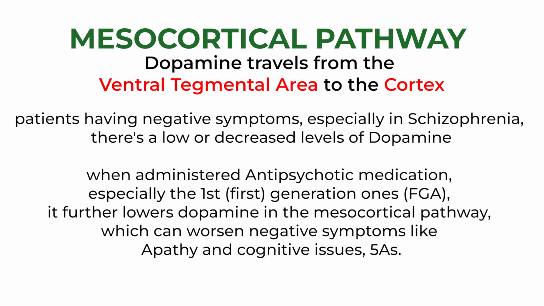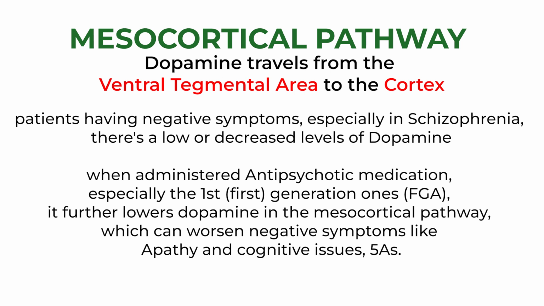So when we give antipsychotic medication to the patient, by the time it gets to the mesocortical pathway, the aim of antipsychotic is to lower the dopamine. Especially the first generation antipsychotic, the FGA, which we call the typical antipsychotic, is going to lower dopamine further in the mesocortical pathway, and that is the reason why we see more of these negative symptoms.